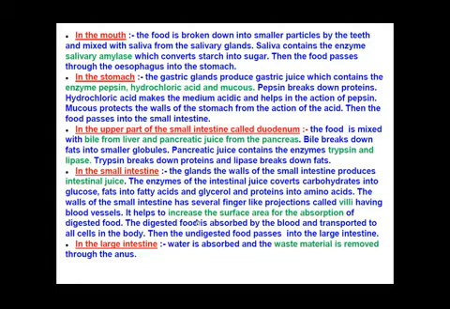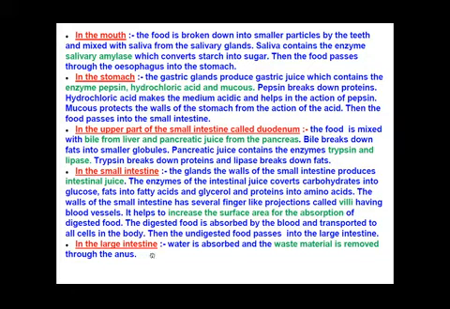So whatever food was digested in the small intestine by the enzymes of the intestinal juice is now absorbed by our body with the help of these villi, and this digested food is taken up by the blood and transported to different parts of our body as per the requirement. Whatever undigested food is left is then passed into the large intestine.